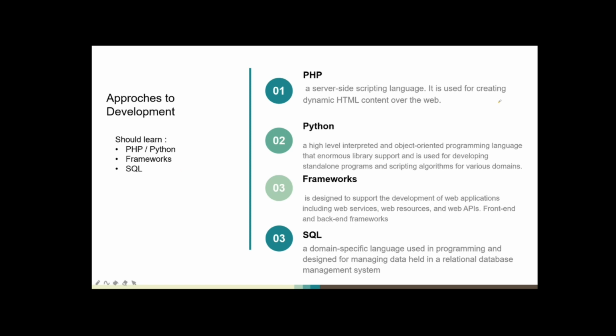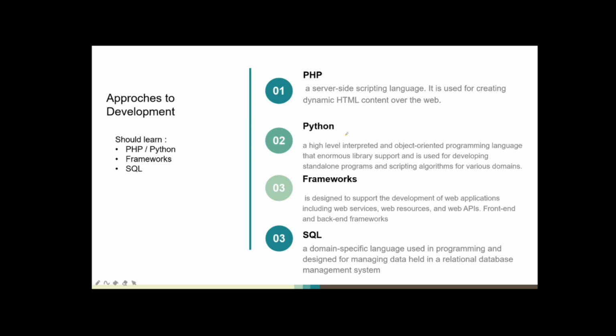So as you can see, PHP here is a server-side scripting language, so it is used for creating dynamic HTML content over the web. Later, we will differentiate which you would prefer to use. Is it PHP or Python, since both of these languages can be used in web development.